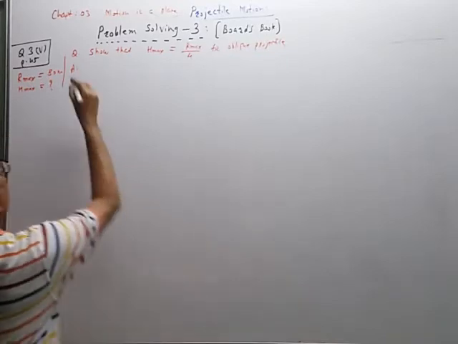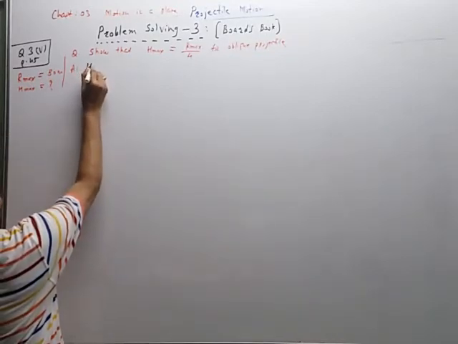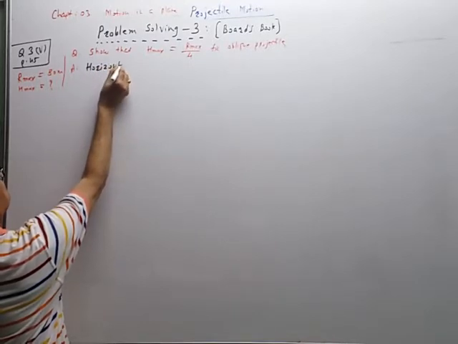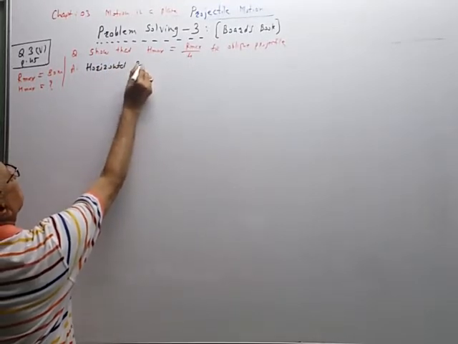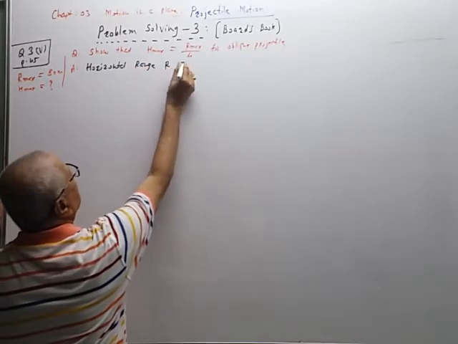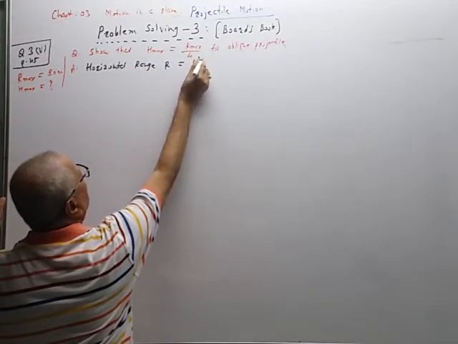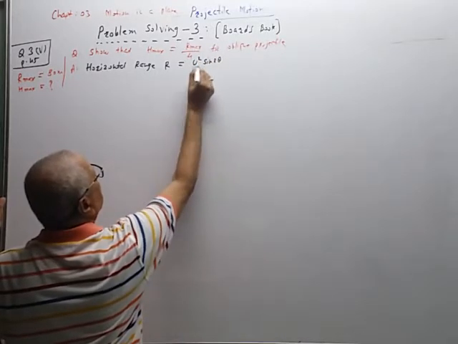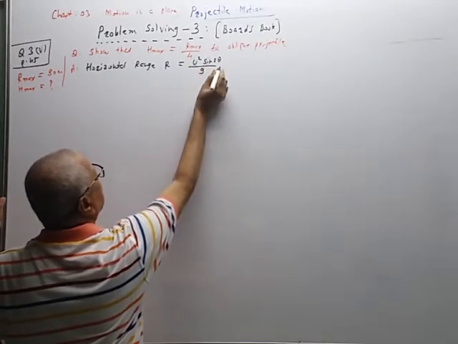Answer. So the horizontal range R is given by u square sin of 2 theta by g.